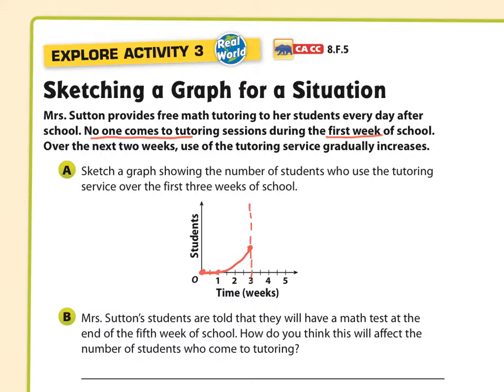Okay, almost like a curve. The reason why it's curved is that it's not a constant rate of change. It's going to start to gradually increase. That's the key word there, gradually increase. Gradually is like just little by little, it goes up and up. So that's why it's that curve.